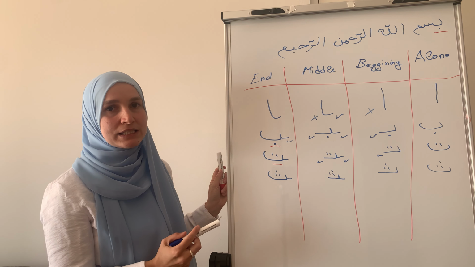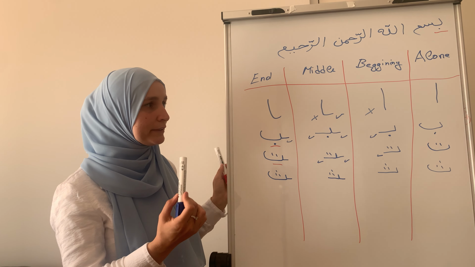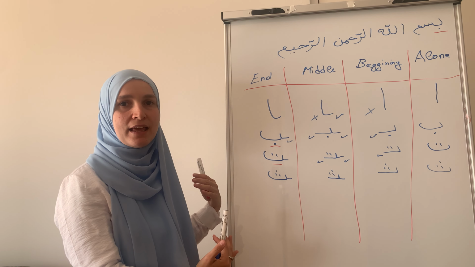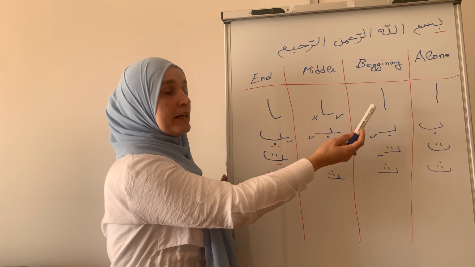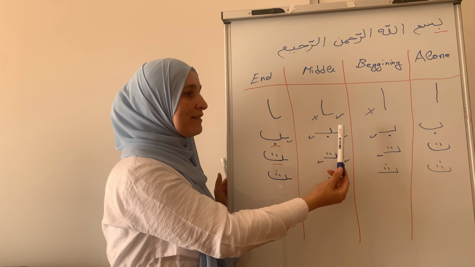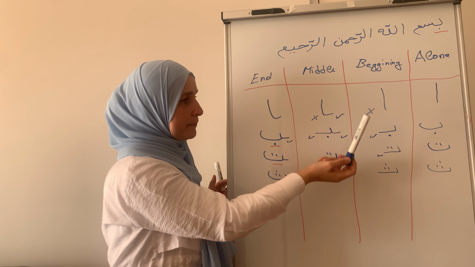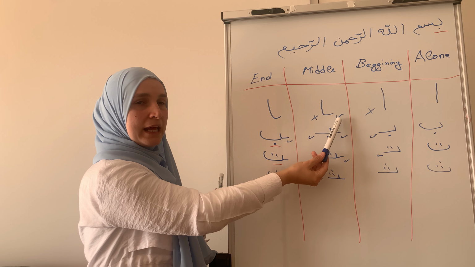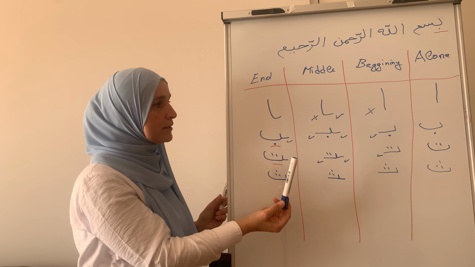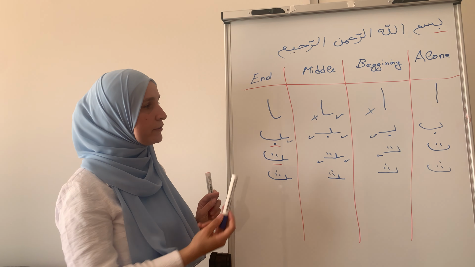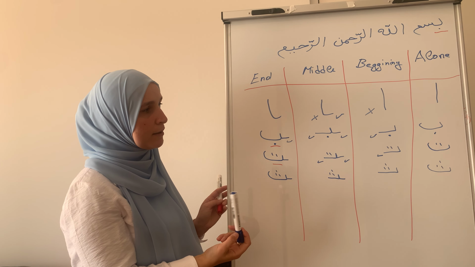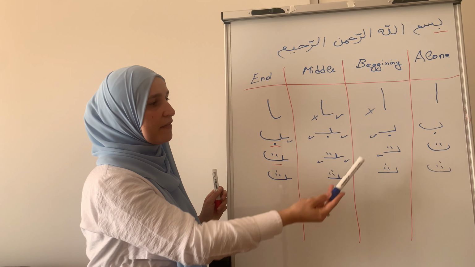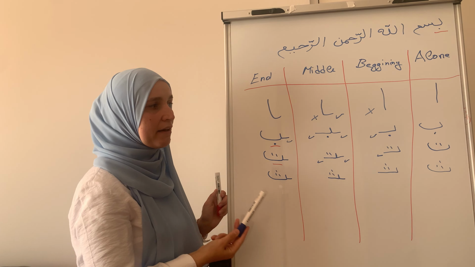But alif, it's different. Why? The only difference between alif and ba, ta, fa is that alif is from unconnected letters here, but it's connected at the side and at the end of a word. It has two forms, but ba, ta, fa, they have three forms.